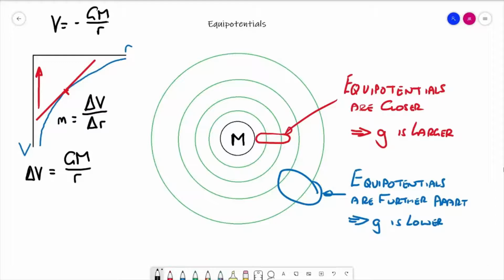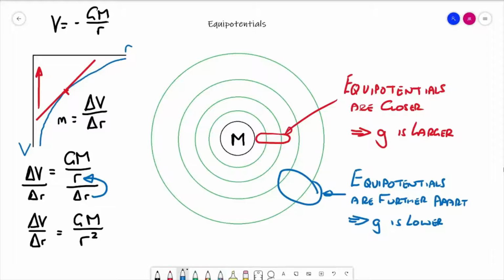We've dropped the minus sign to acknowledge that the change in V will be positive. Now when we divide that by delta r, we are dividing by another r, and what we're left with is that this gradient, delta V divided by delta r, is GM over r squared, because we've got this r multiplied by this r on the bottom.